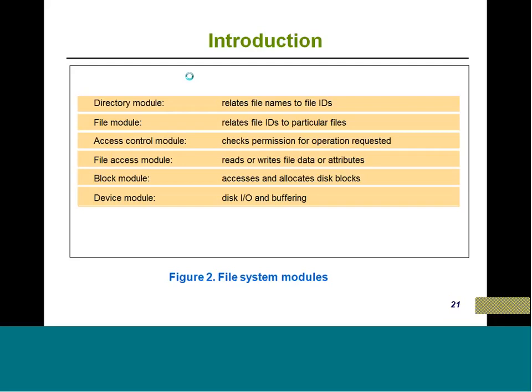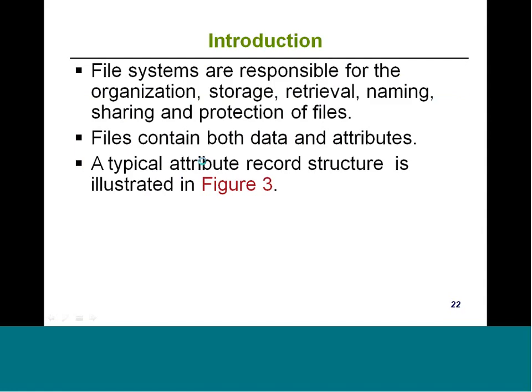As I mentioned, you need to know which sector or which block the program is residing in. That's all taken care of by the block module. And then the device module does the disk I/O and the buffering. So it communicates to the disk and stores the various files in that. So this is a very simple single user file system.